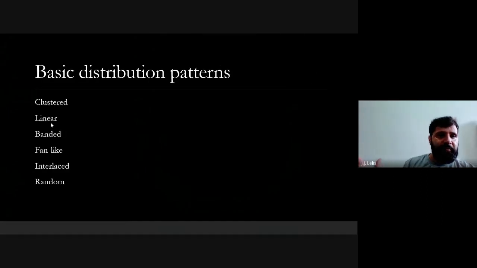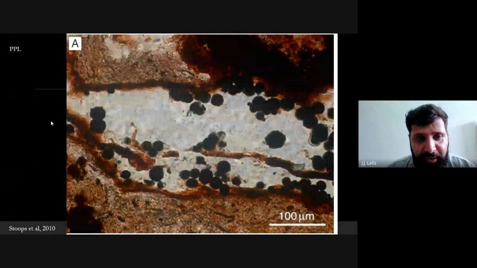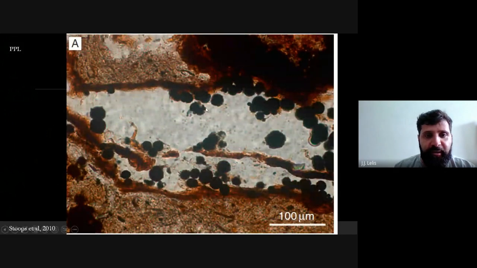Let's see the basic distribution patterns, or how some fabric units could be distributed inside these thin sections and be clustered, like in this picture that I showed in the past. In this picture, we can see some excrements that are clustered, so they are very close to each other, and we can usually see these materials very close.